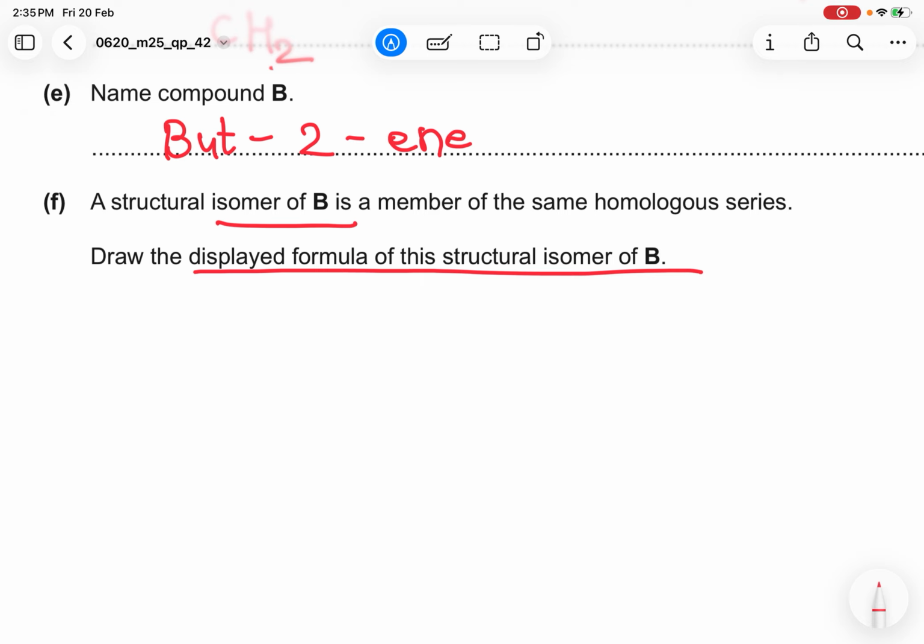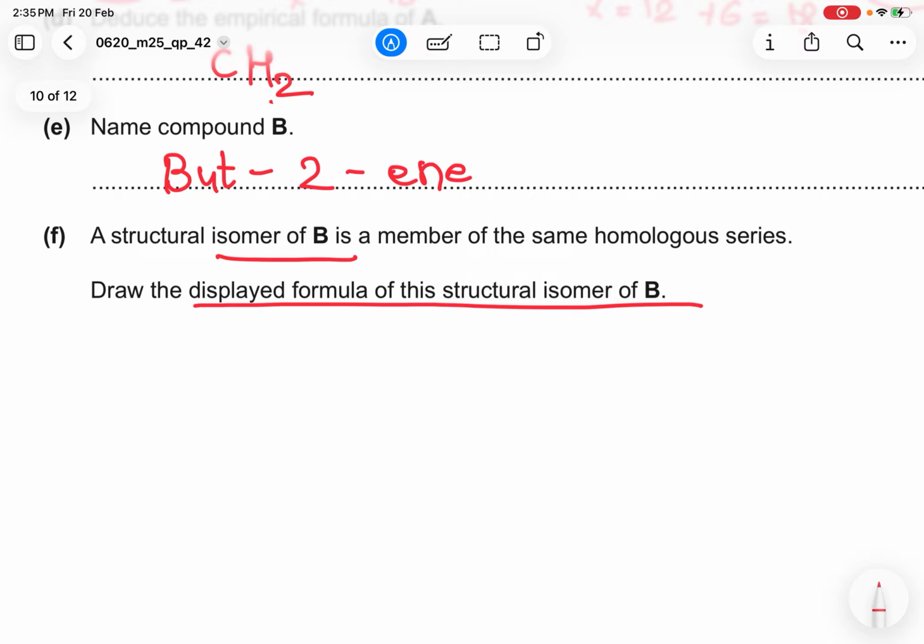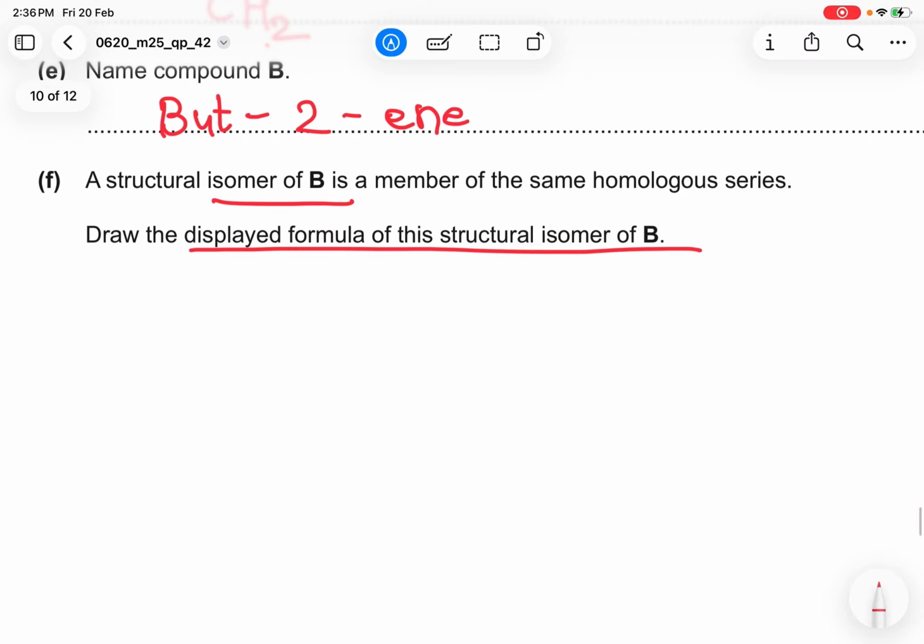A structural isomer of B is a member of the same homologous series. Draw the displayed formula of the structural isomer of B. So we have just written the name of the compound B, that is but-2-ene. We have to draw a displayed formula of another isomer. So here we just have to change the position of the double bond, and hence it will become but-1-ene. So let us draw that. We will draw 4 carbon atoms first.